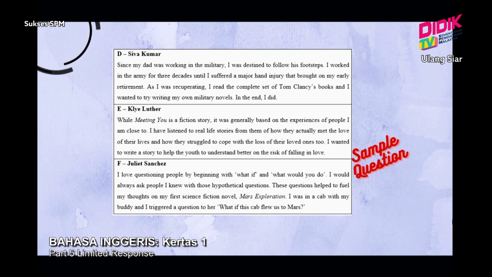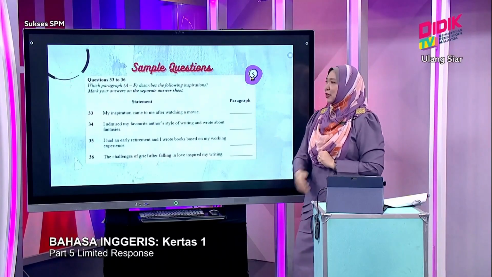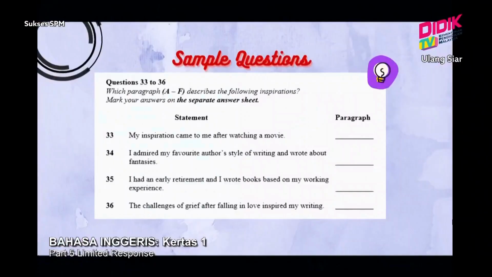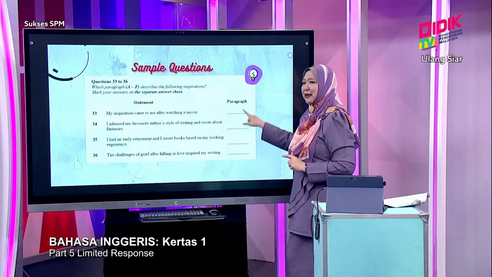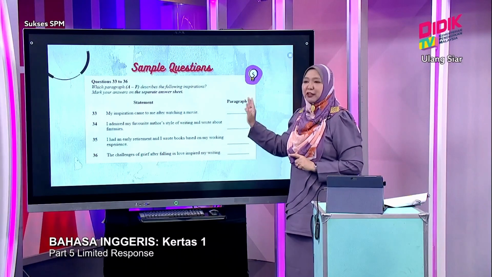So the first type of task will be this one. Question 33 to 36. Which paragraph describes the following inspiration? So what should you write here? Paragraph, meaning A, B, C, D, E, F, whichever is the answer.